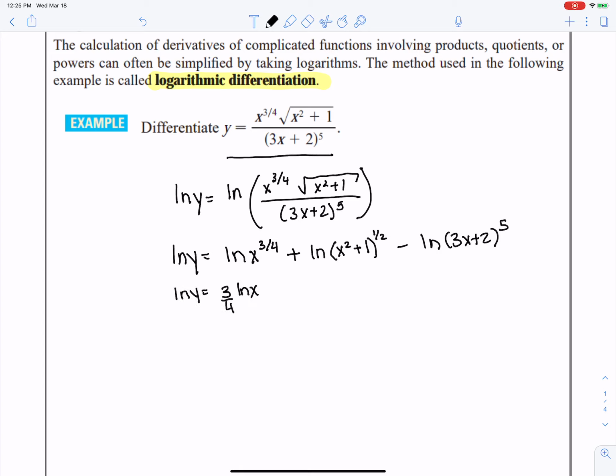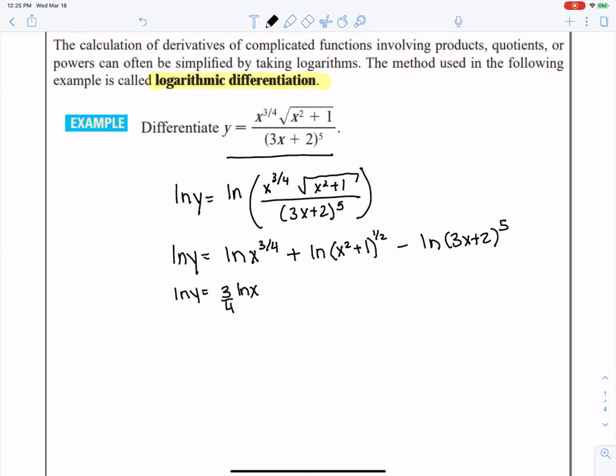Constant multiple stays on the outside. The derivative of ln(x squared plus 1) is 1 over x squared plus 1 times the derivative of the inside, which is 2x, minus, constant multiple leaves the 5 on the outside. The derivative of ln of the argument is 1 over the argument, times the derivative of the inside because of chain rule.